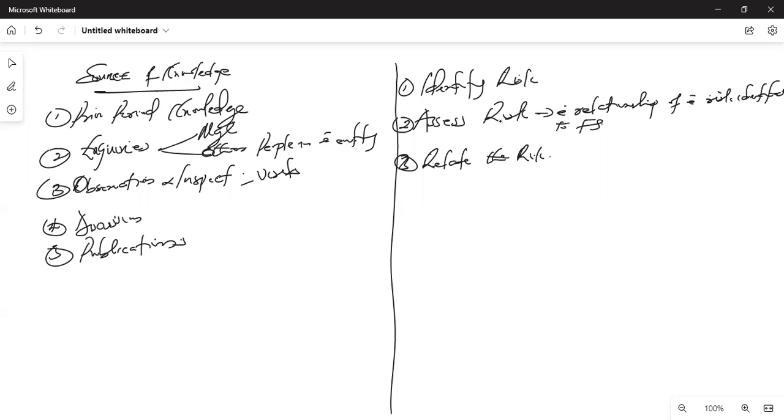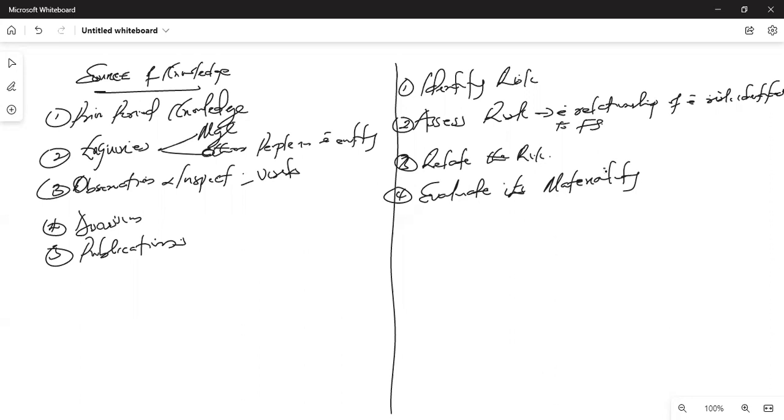All right, then the last thing you do after relating the risk is to evaluate its materiality. Is it material enough to cause us to say the financial statement is not true and fair? We need to know that.